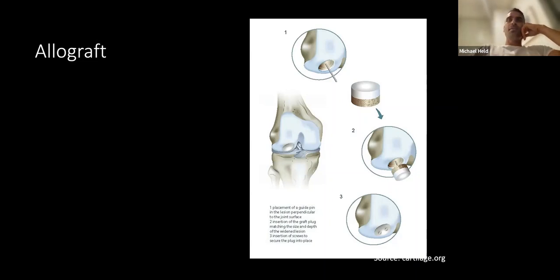And so that's why most of these successful operations are done in high volume centers specifically for this. The nice thing is that you can match the surface, you can match the cartilage thickness, and you can basically treat any size defect with it. But unfortunately, it's not available in South Africa for us.